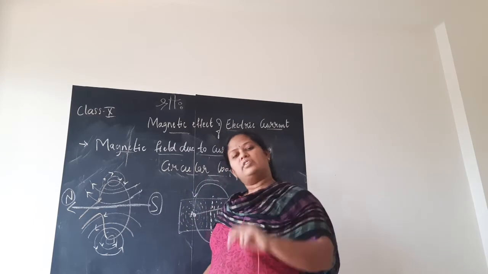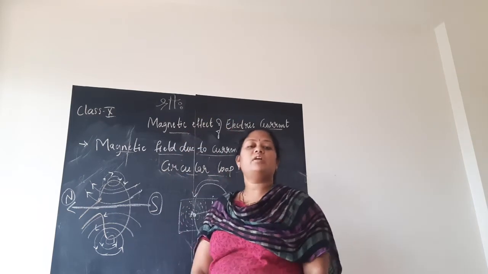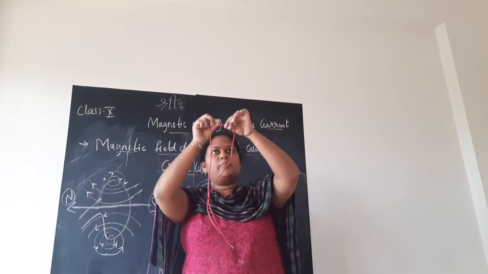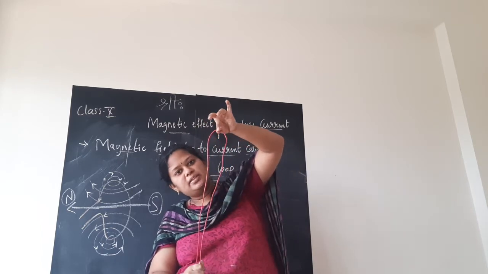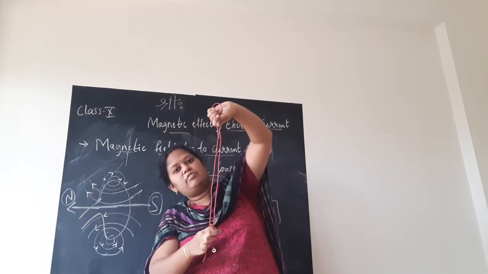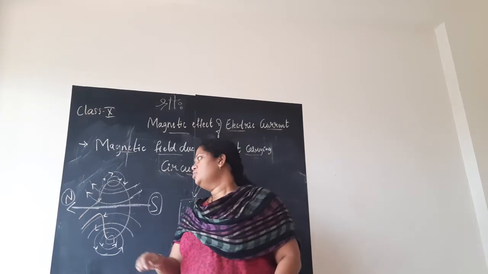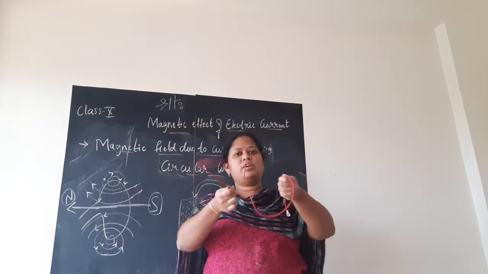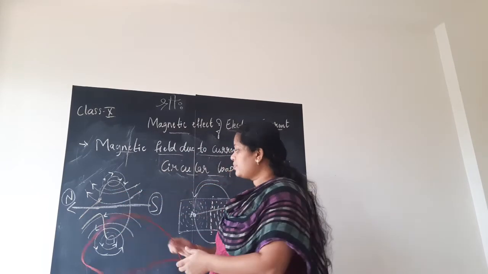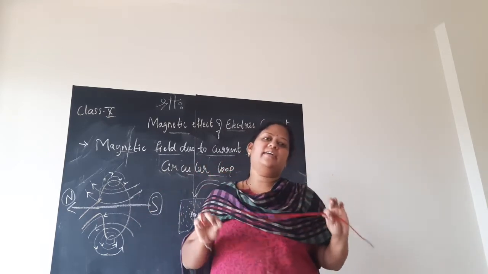Now in case of this copper wire, if I bend the wire into a circular loop and pass the current through this, what will happen? Here when I bend, children, you have the loop only in one part. If you forget about this part, what are these two sides of the loop? They are nothing but straight wires, that is, the straight conductor. So even if you bend the wire in whichever pattern you want, each part of this wire acts as a straight current carrying conductor itself.